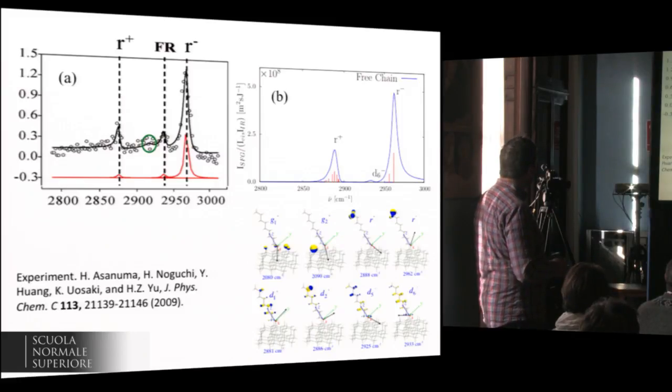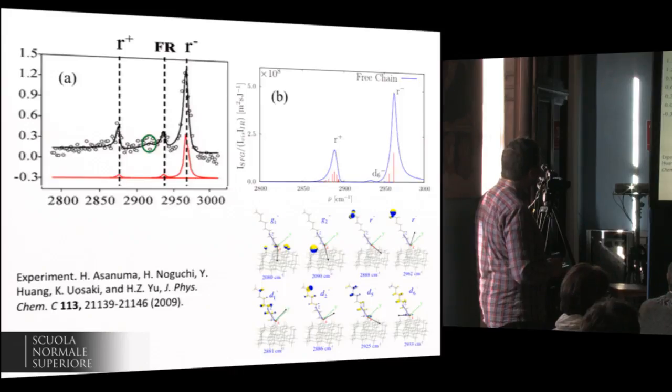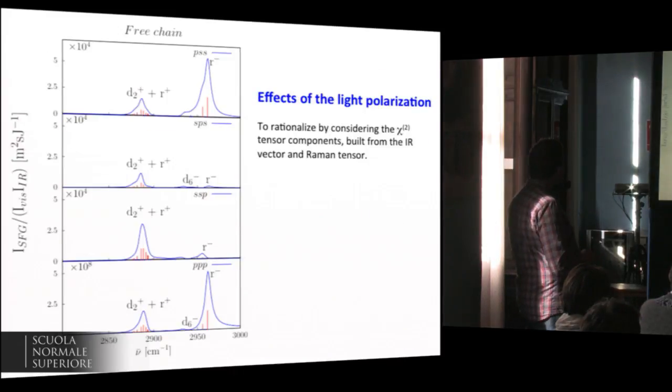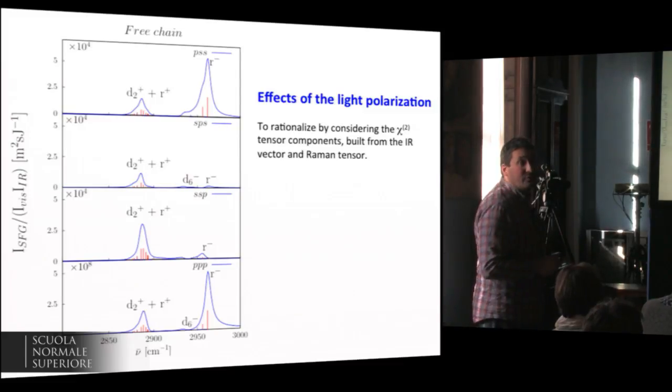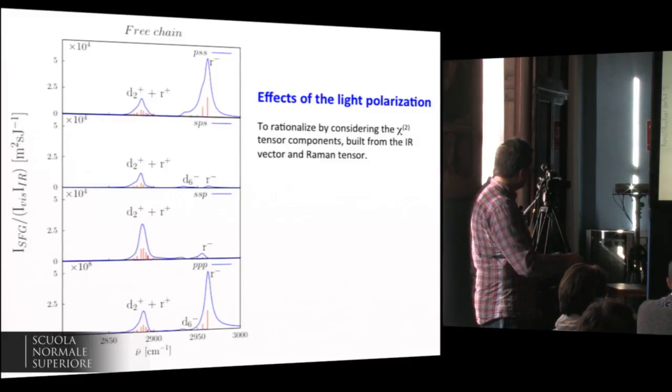So you have the experiment here from the group of Iwasaki. What you have to consider is this curve in red, and this is what you obtain theoretically. It's easy to look at the evolution of the spectrum as a function of the polarization. So you have here PPP, SSP, SPS, and PSS.